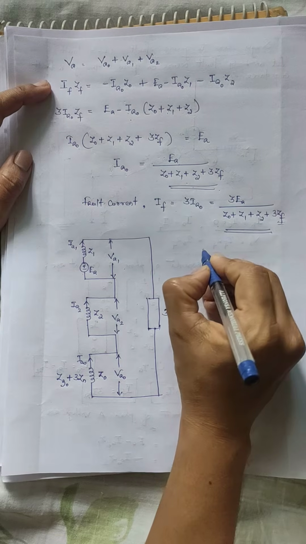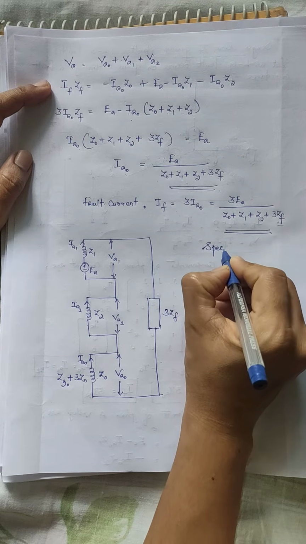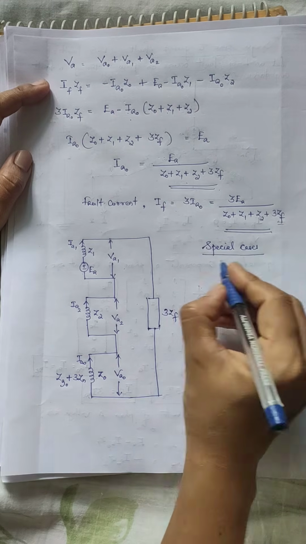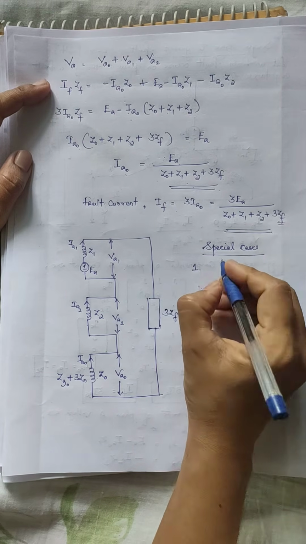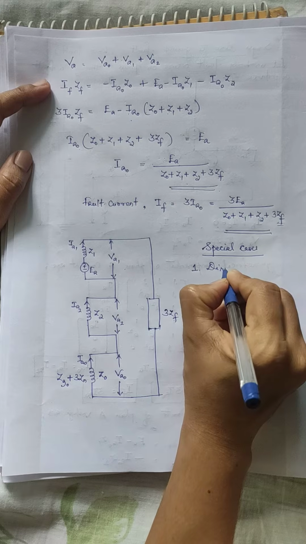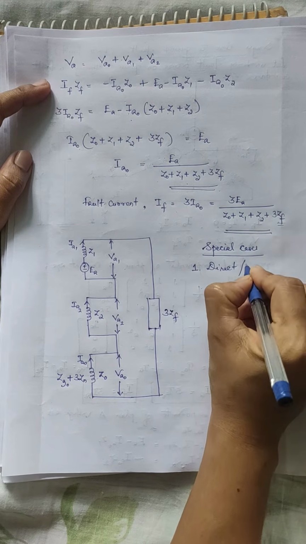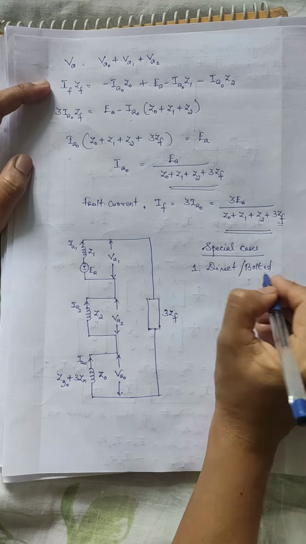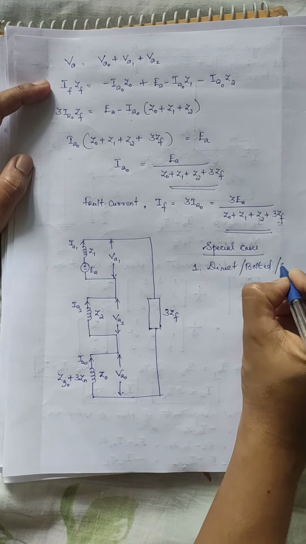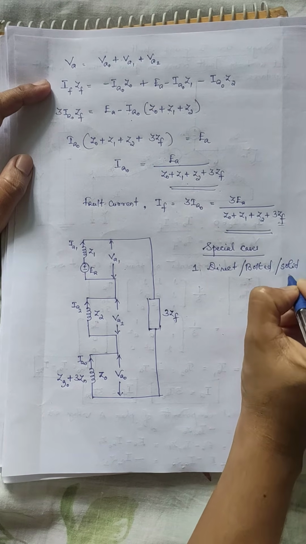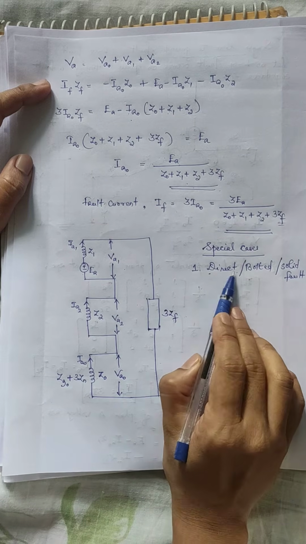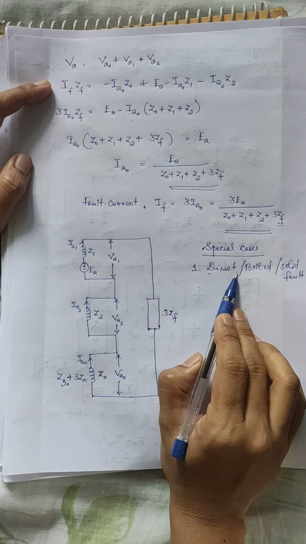So now we have to consider some special cases also. Case 1 is a direct or bolted fault, also known as a solid fault, a direct short circuit or a direct line to ground fault.